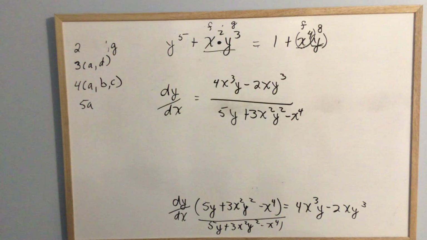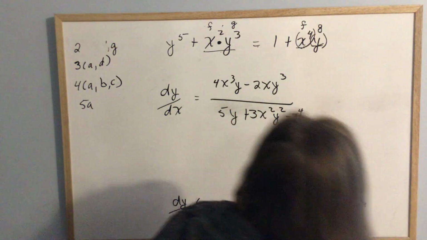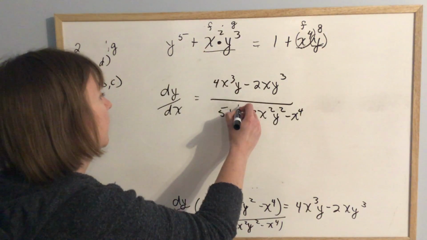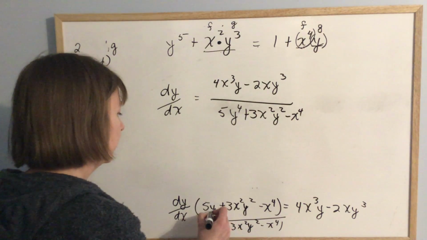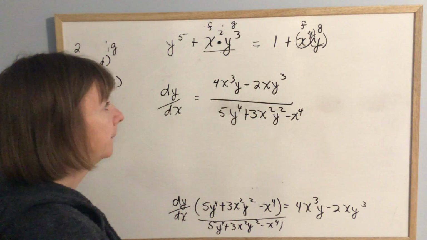So chapter 5, section 5.3, 2G. 4x cubed y minus 2xy cubed, 5y to the fourth. Oh, did I drop a 5y to the fourth? I dropped a fourth somewhere along the way. When I brought that down, I dropped a fourth somewhere along the way.